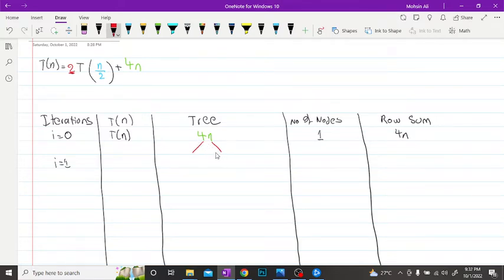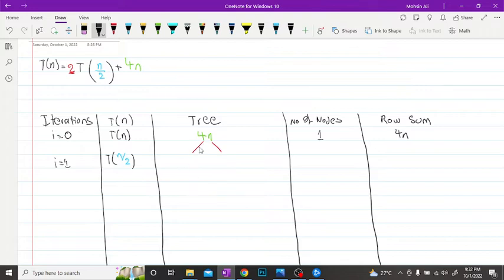So I will have 2 branches because of this 2. And my T of n is now going to be divided into 2 parts. So we are going to write T of n by 2. Again, this is highlighted by the polynomial or by whatever function is written inside the T bracket.